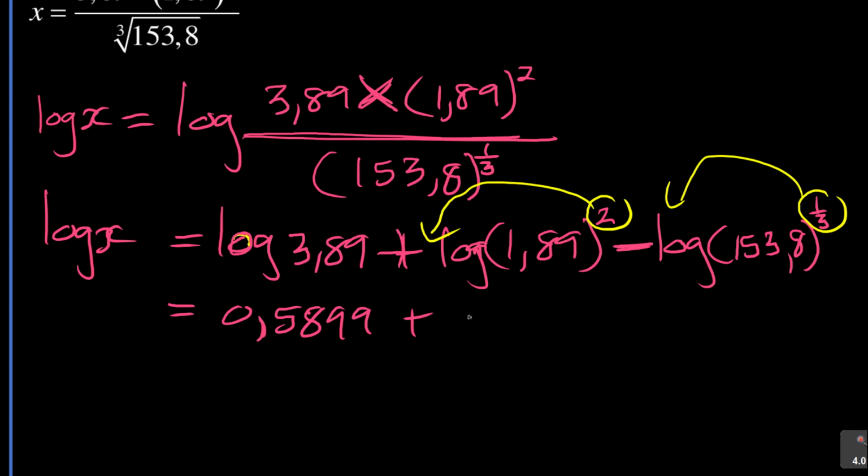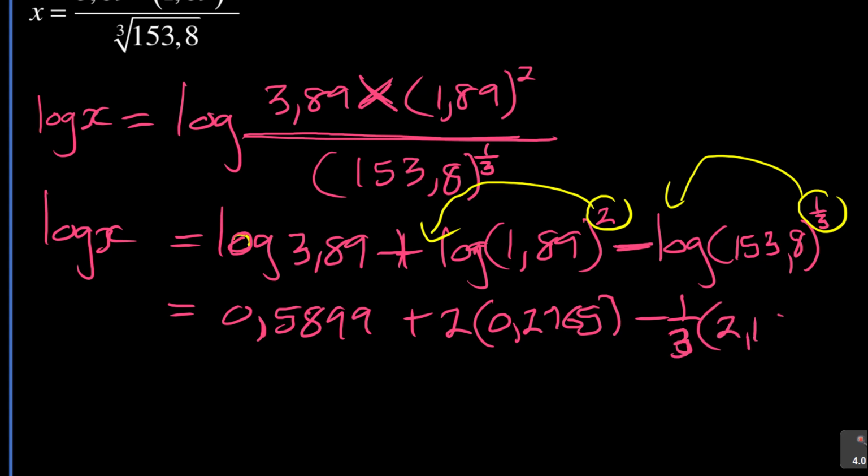Continue. What is this log 1,89? Don't put the square, just log 1,89, because I've dropped the 2 already. Put a bracket. It's 0,2765. And then I will also say minus, I drop 1/3, don't forget, and then give me log 153,8. It's 2,1870.